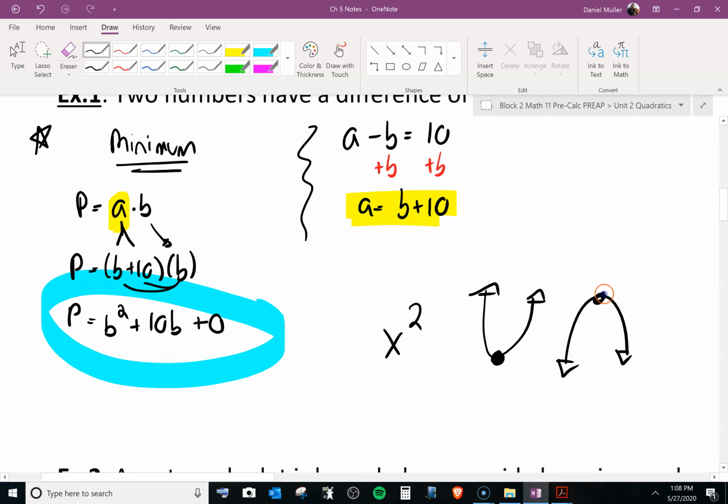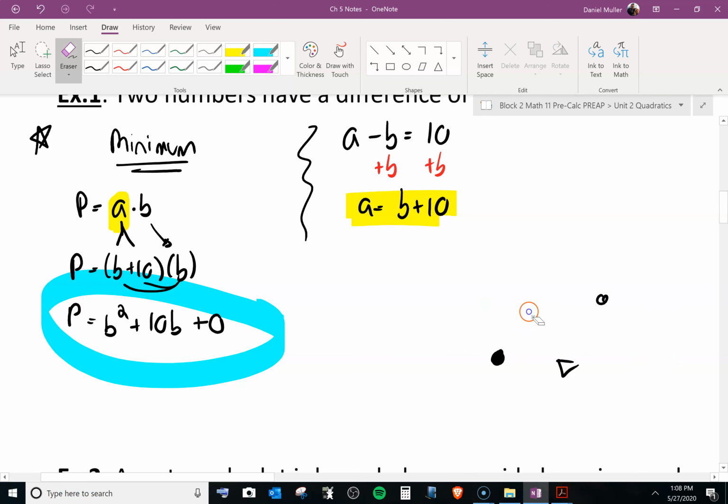This is the vertex, and on this one it's a minimum because it's at the very bottom, and this one is a maximum. Because the number in front of the b squared is positive, that means it faces up. That means if we can find the vertex, it is the minimum.